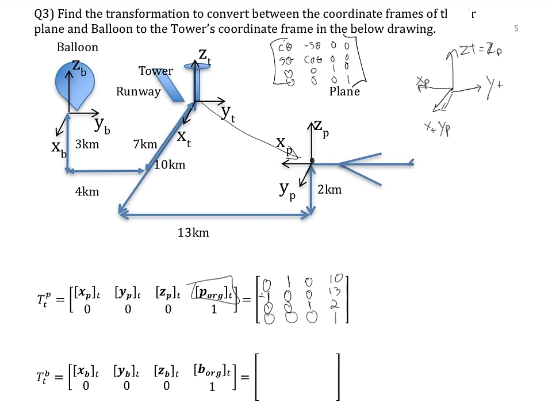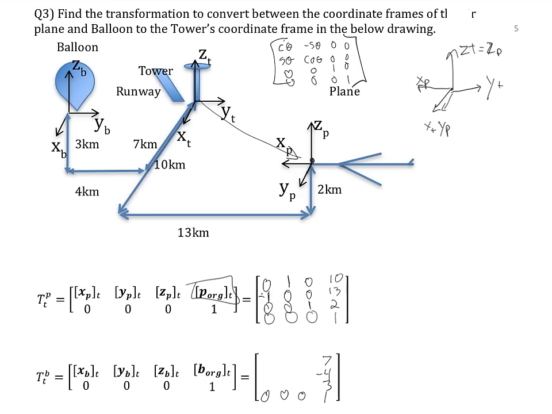So the balloon. Again, we should be able to just do it in our bottom row here. Okay, and so now we want the origin of the balloon from the tower's coordinate system. And so we have 7 in the tower's x, we have -4 in the tower's y, and 3 in the tower's z direction.